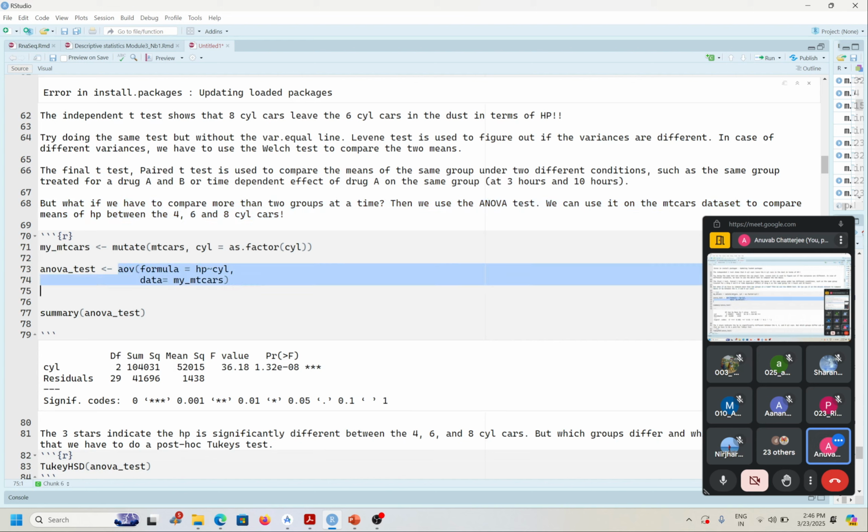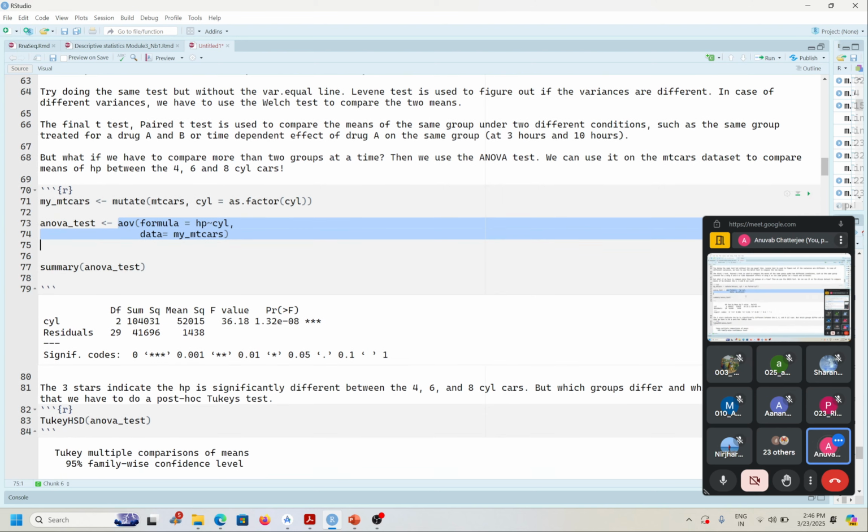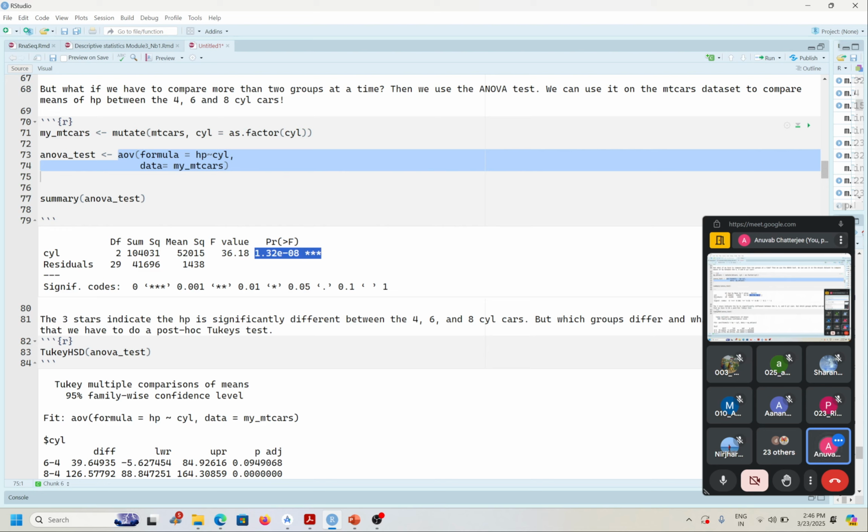We first changed our cylinder variable to factor so that it goes into the function, and the summary was presented very easily. We are actually looking at only this value, which was the p-value for the ANOVA test, and since it is a 3-star significant value, we know that at least two of the groups, the 4-cylinder, 6-cylinder and 8-cylinder cars, differ between each other depending on HP or horsepower.